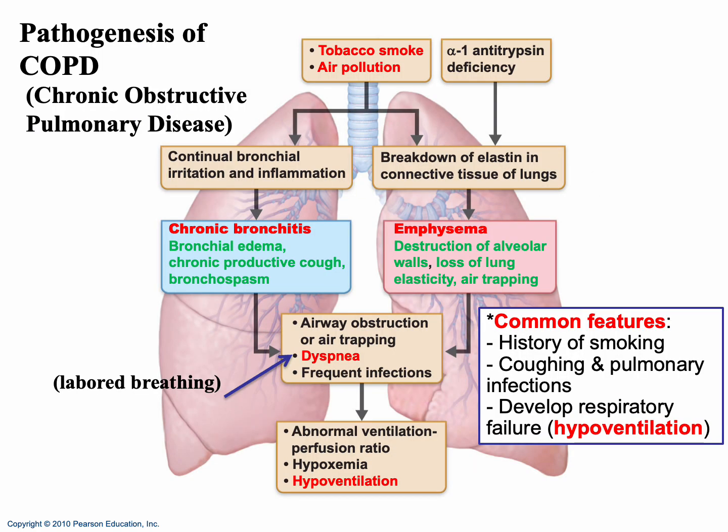All right, we're now going to take a look at the pathogenesis of COPD. And COPD is an abbreviation for chronic obstructive pulmonary disease. This can come about through air pollution. So maybe there's a factory nearby that's releasing lots of pollutants. And also from tobacco smoke.